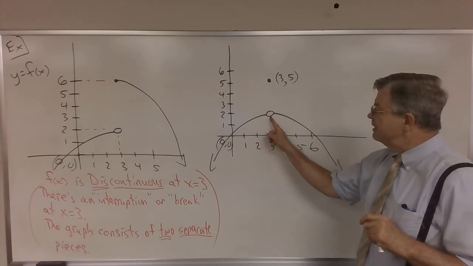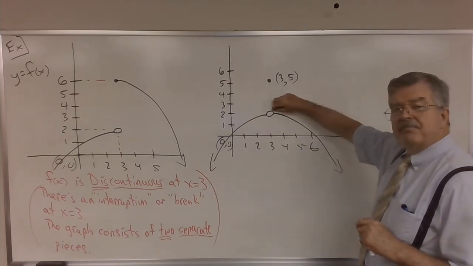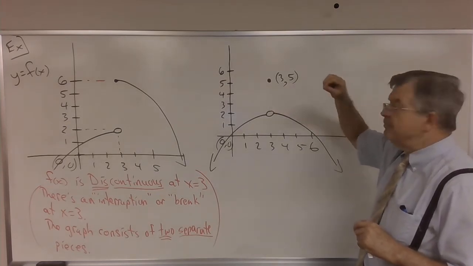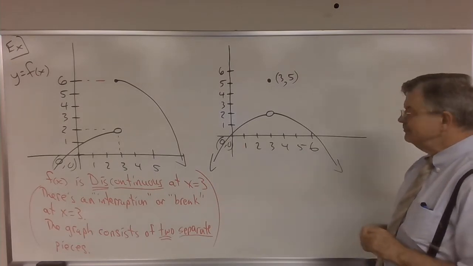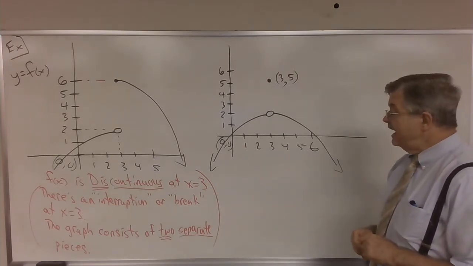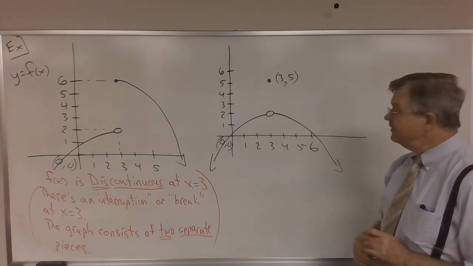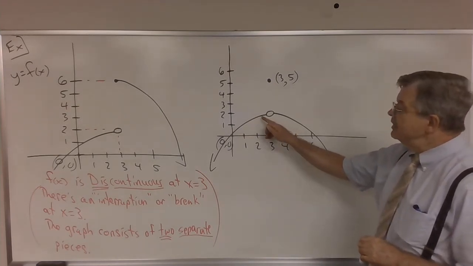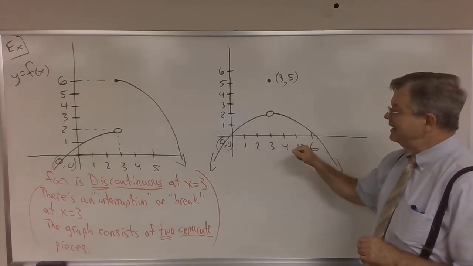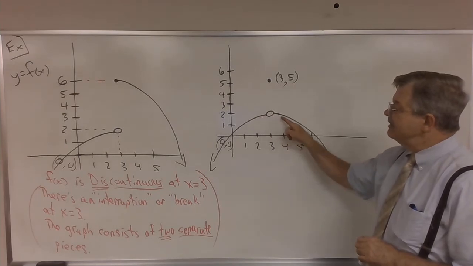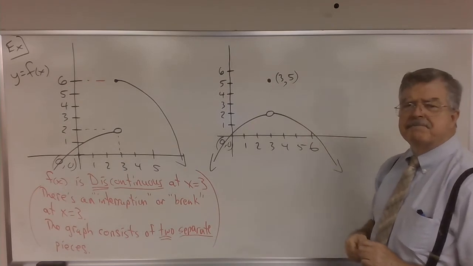They're separated right here at x equal 3, where I took my tweezers and I plucked out that point and put the point up here. So I guess we really do have an interruption at x equal 3, don't we? The point that would connect this part of the graph with this part of the graph is missing. The point that should connect these two pieces has been removed and it's been put up here.